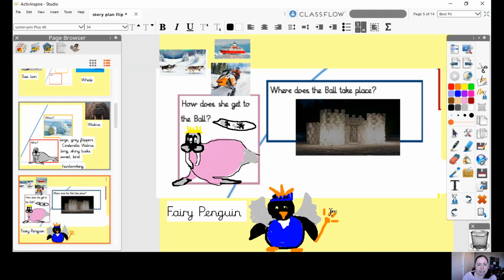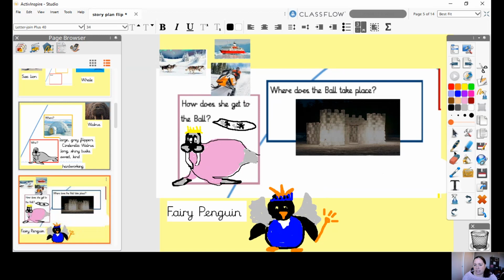And this says, how does she get to the ball and where does the ball take place? Well, I've added some more pictures here just to prompt me and remind me. So I've got a fairy penguin who comes along. As you can see, it's a rock hopper penguin because she's got that beautiful hair.